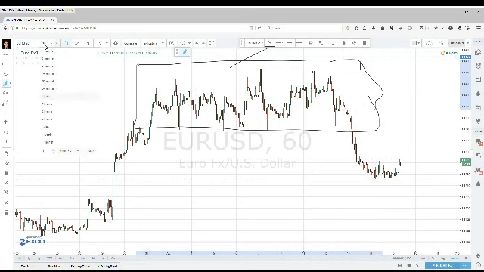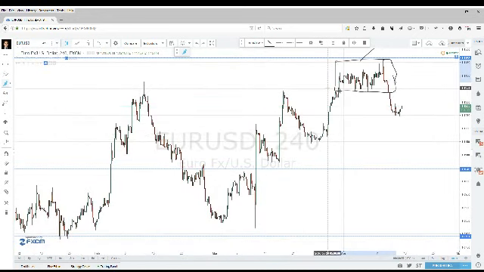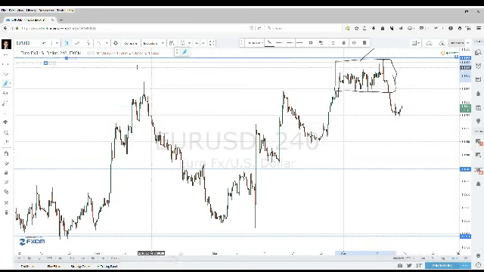Now what's interesting on that pair, if we look at the bigger picture, is that we had this breakdown. When we have a breakdown of a range like this at the top, at a resistance, it shows you that price is not likely to go back up in the future. Price is more likely to go down, possibly to the next support area, which would be around that level here.